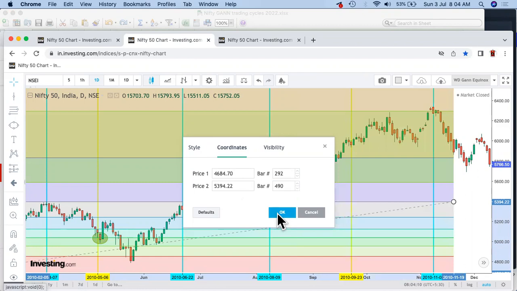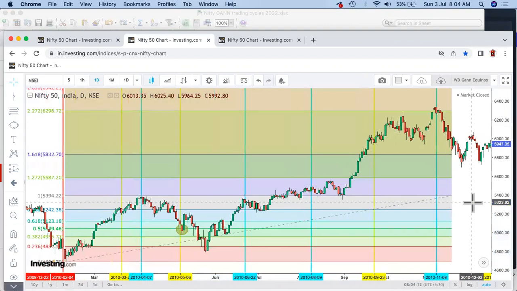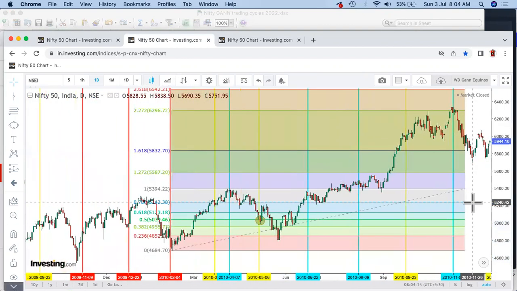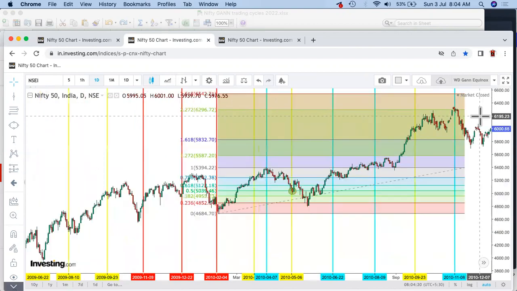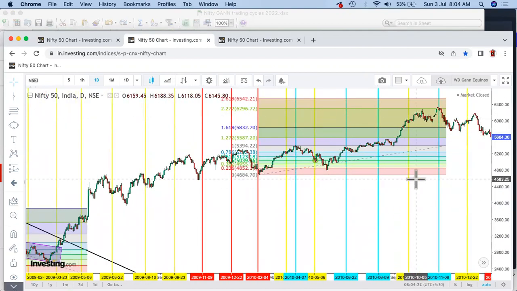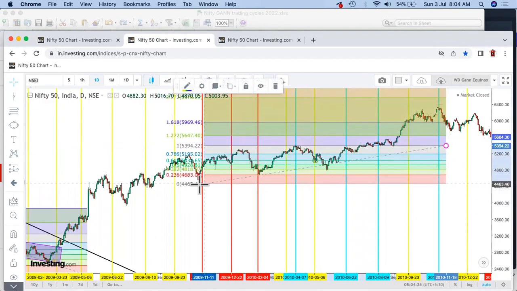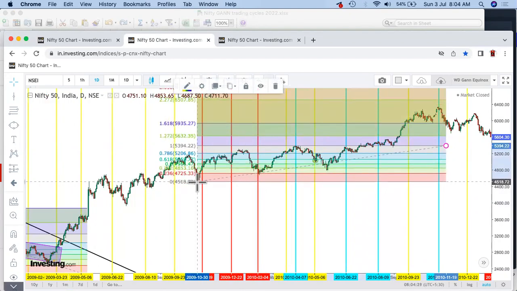Right? So if you consider this as a low, this is a high, the reversal came up to this level. And if we consider it another way, probably at this, right? So this was there, the reversal was there, again coming to that part.